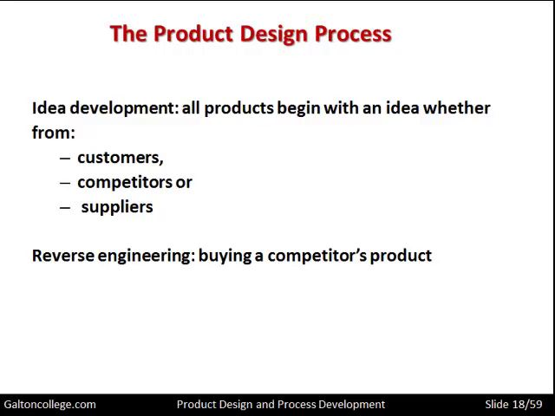It could also be reverse engineering, buying a competitor's product and then disassembling it, looking at it, finding out how it works, trying to cost it, and then seeing what improvements can be made to the product, and then launching a similar product, perhaps with some innovations, some changes, which will, in a sense, outcompete the original. But reverse engineering, that's quite common.